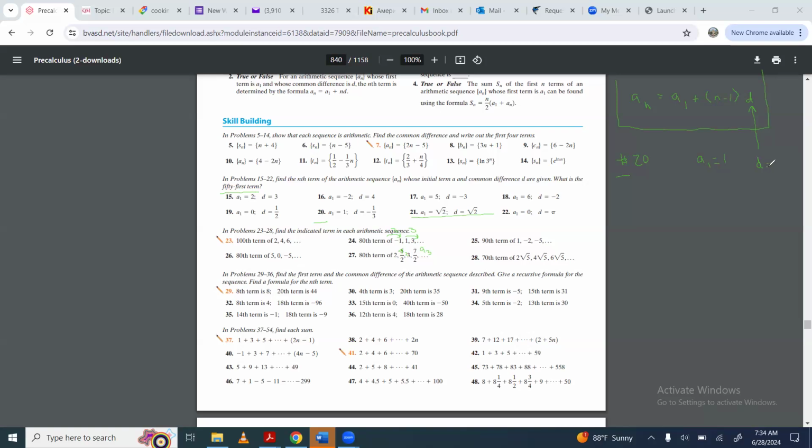Okay. Plug them in your formula, and you will get what they want. They want a 51st, actually 51. Okay. So instead of n, I'll put 51.